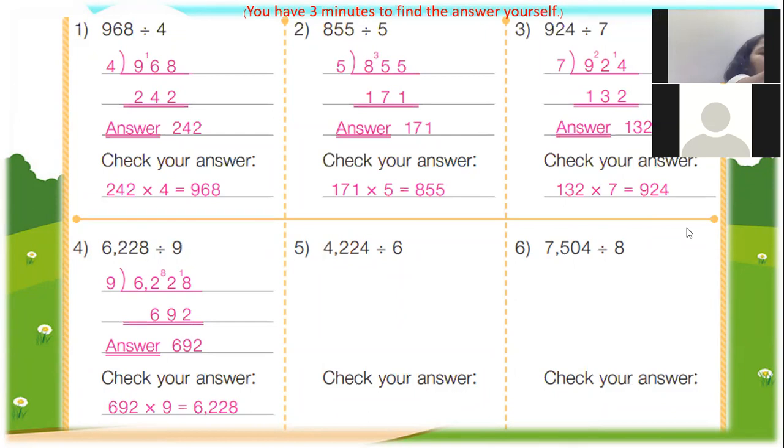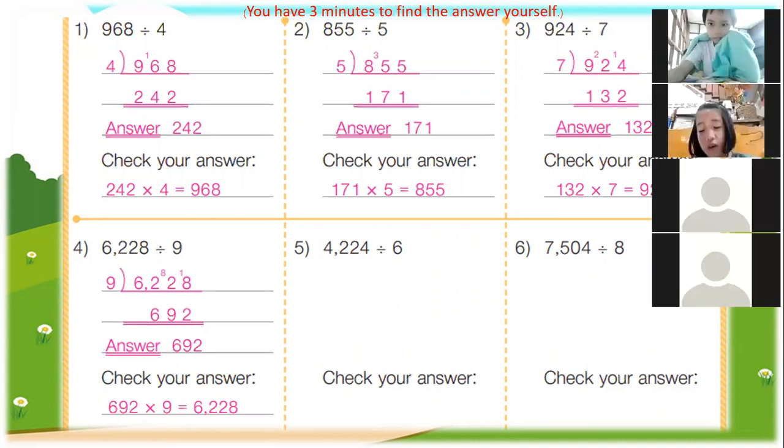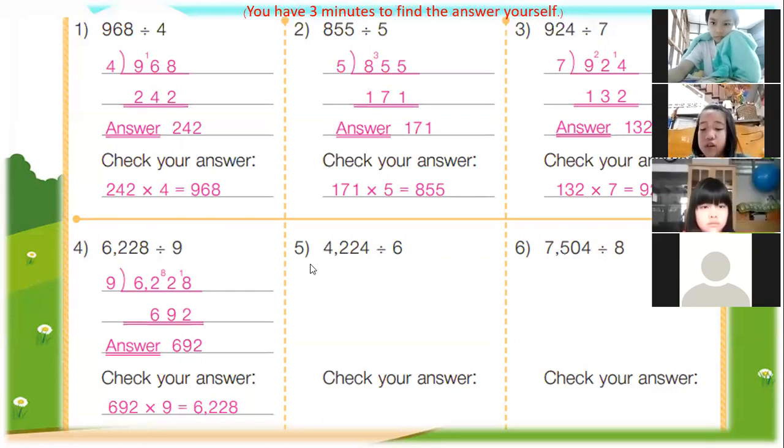All right, come to Tongkla. Tongkla, question number 5. What's your answer? Tongkla. Students, please open up your camera. All of the students, open up your camera so I can ask for the answer. Tongkla, number 5. What's your answer?